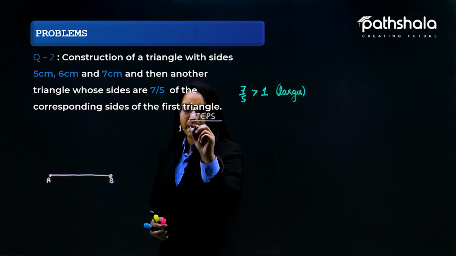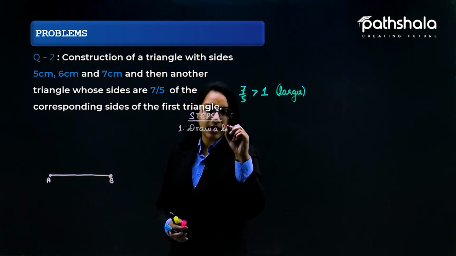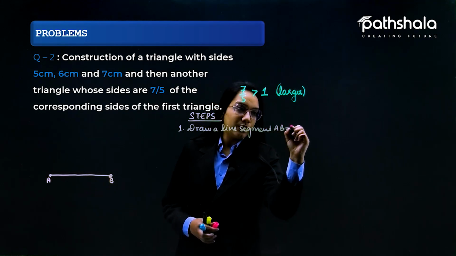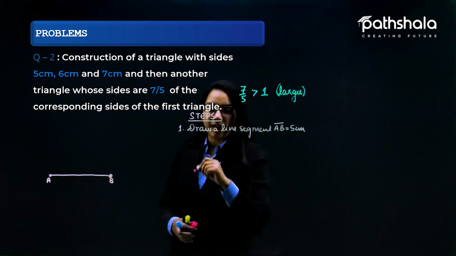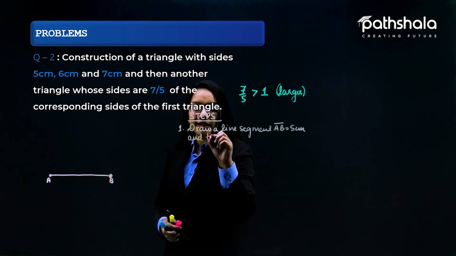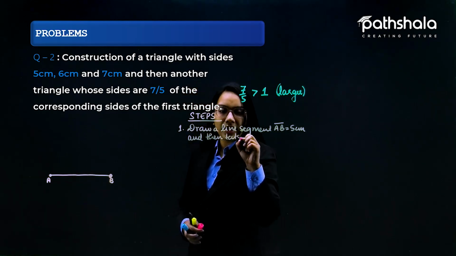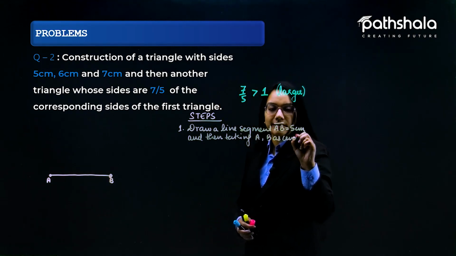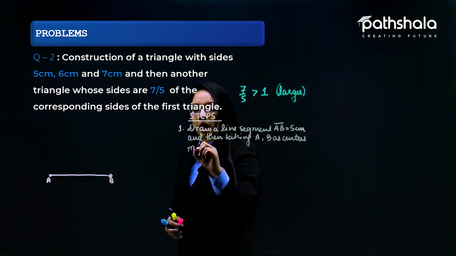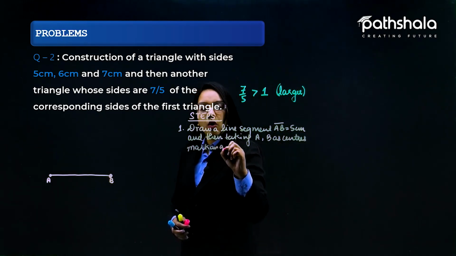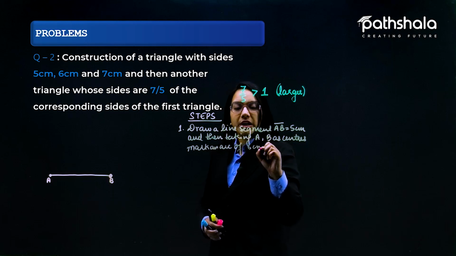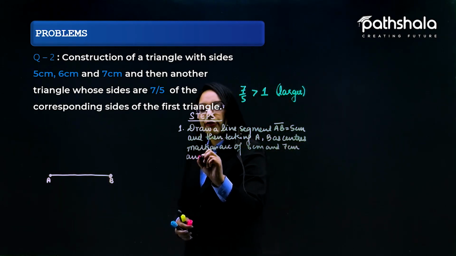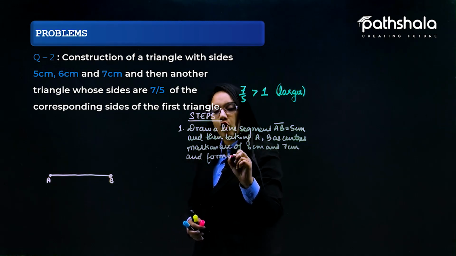The very first step is to draw a line segment AB equal to 5 centimeters, and then, taking A and B as centers, mark arcs of 6 centimeters and 7 centimeters and form a triangle.